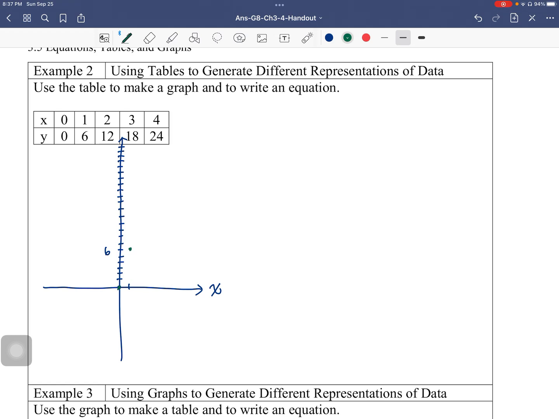This is 0, 0, and then 2 is 12, 7, 8, 9, 10, 11, 12. And then 3 and 18, 13, 14, 15, 16, 17, 18.